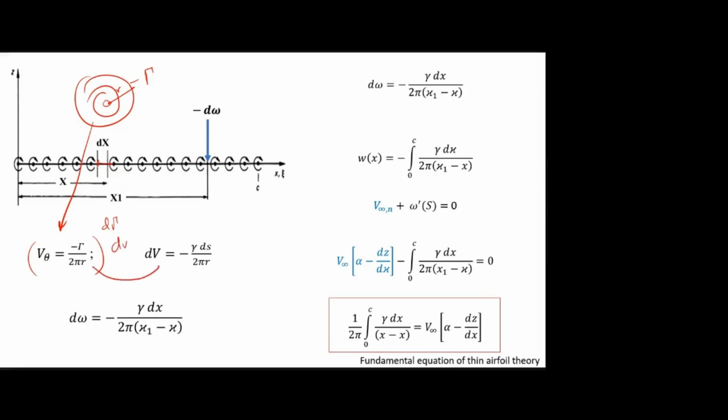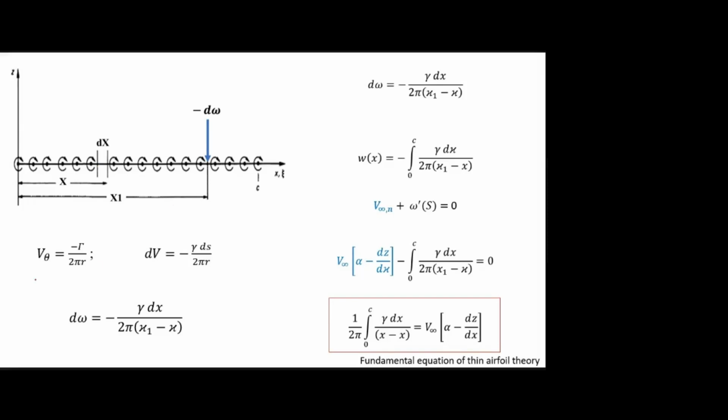So the equation for the small portion is dv equal to gamma ds divided by 2 pi r. For this small section the strength is d gamma, which is gamma into ds, but here we have taken x. This is the general formula, and we can apply it to this condition now.